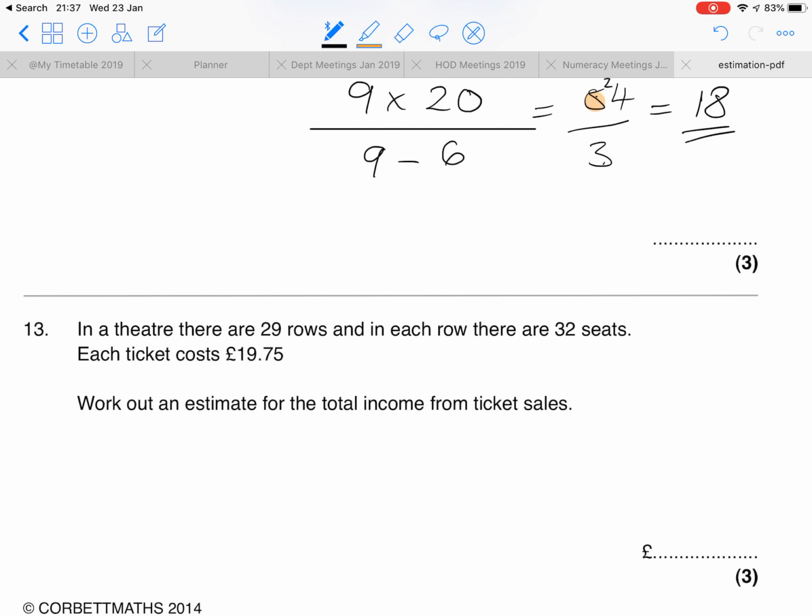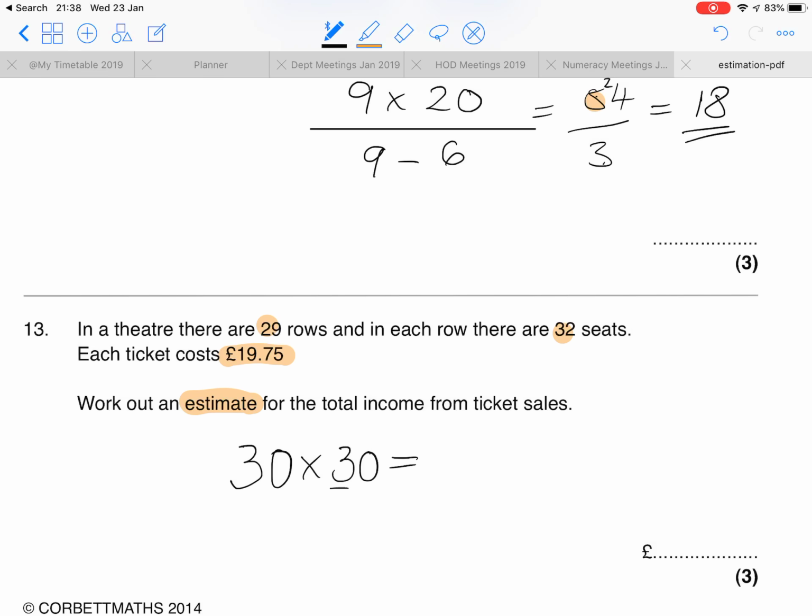Last question. In a theatre there are 29 rows of seats, and in each row there's 32 seats, and every ticket is $19.75. Here's the key. Estimate. 29 rows, 32 in a row.